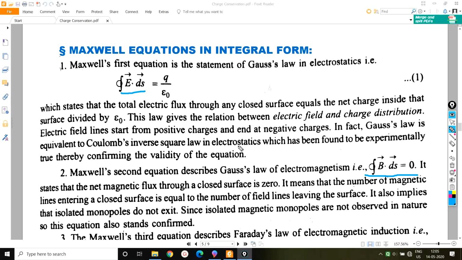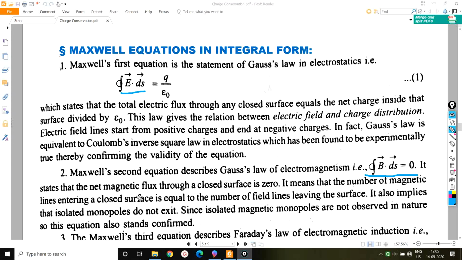First of all, you have to choose a closed surface. Here also you take a closed surface and take the surface integral of B dot dS. B means the magnetic field, but that turns out to be 0 here.